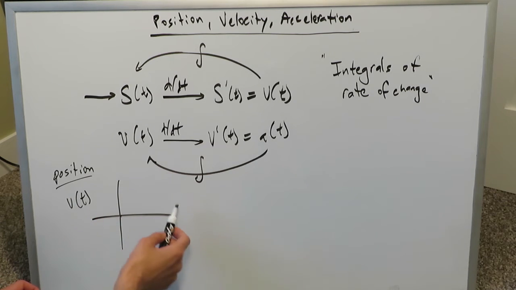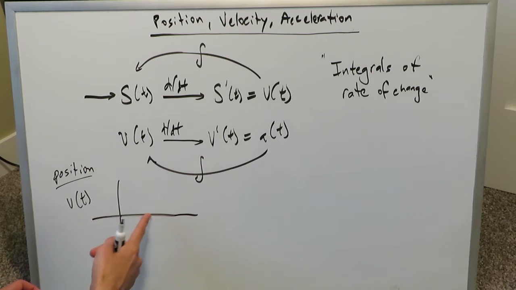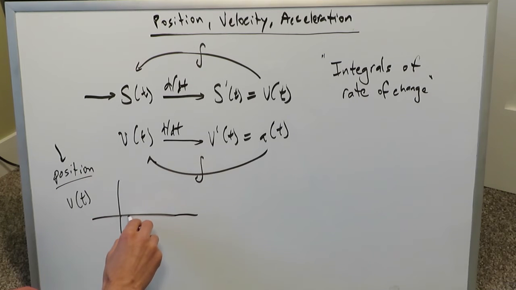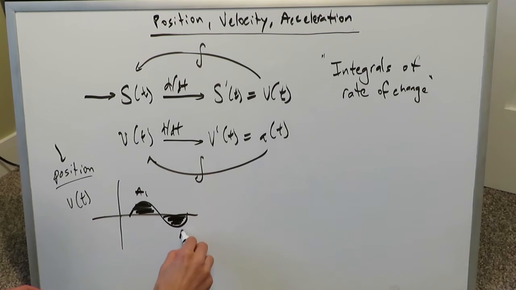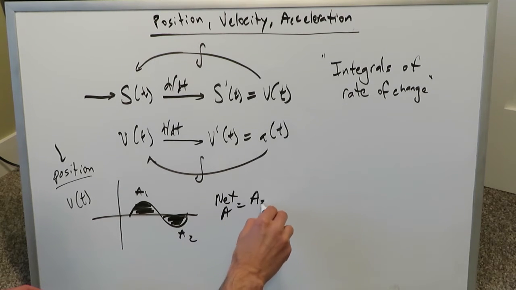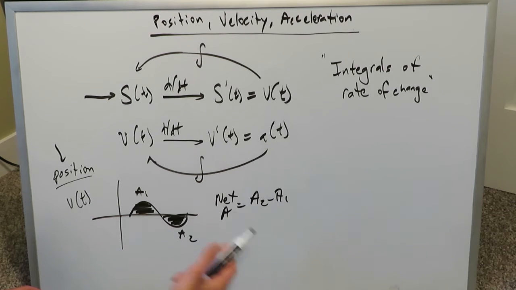But when you graph this velocity function, you have areas between curves or areas below curves which represent the position. If hypothetically you have something which looks like this, you have an area below this curve, we'll call this A1. You have an area above this curve, which is called A2, and if you look at the net area, it would be A2 minus A1, or you can say A1 minus A2 and bring in absolute values.